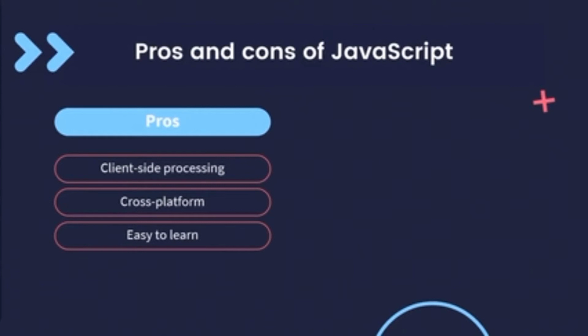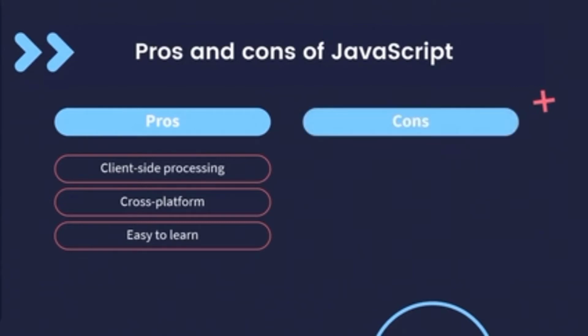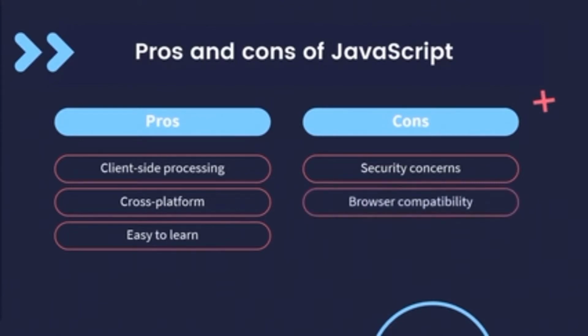Now, what are some of the cons when it comes to JavaScript? Well, the first one is that there are security concerns surrounding JavaScript. And the first one here being that JavaScript is not a back-end language, although we can use Node.js as a back-end language, but we tend to use JavaScript strictly for the front-end stuff, and we never or hardly ever use it for any sort of back-end because it was just not built for that. Okay, and then lastly, there are a couple of issues when it comes to browser compatibility.